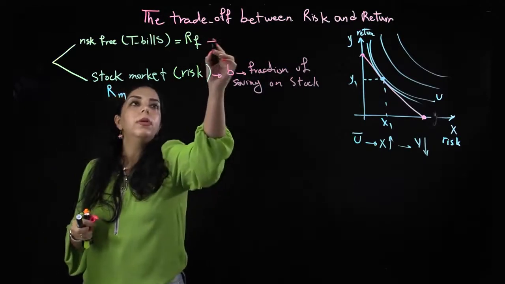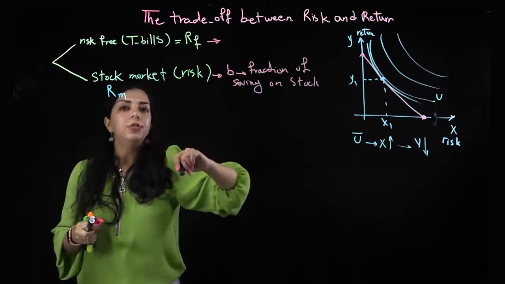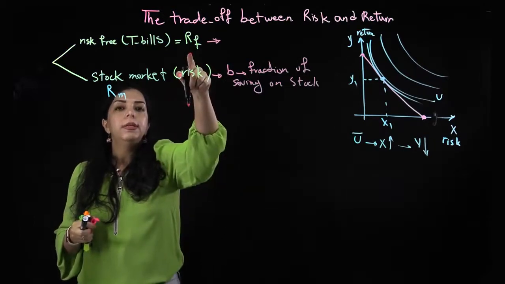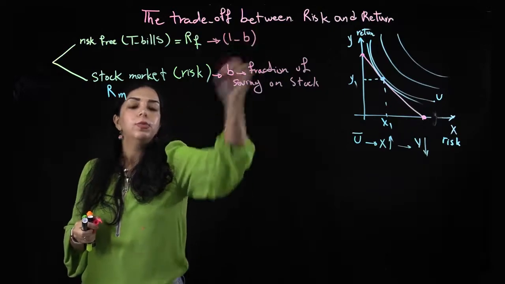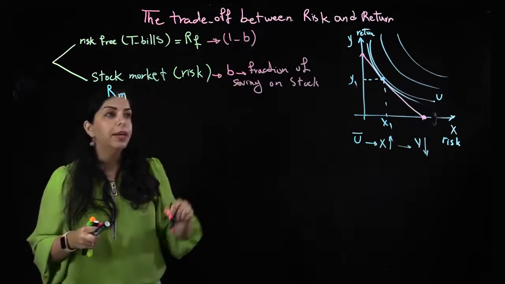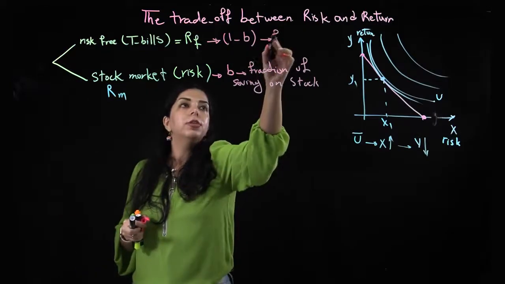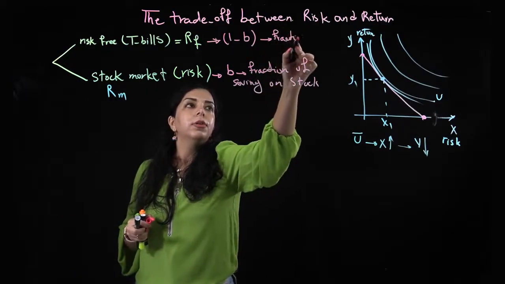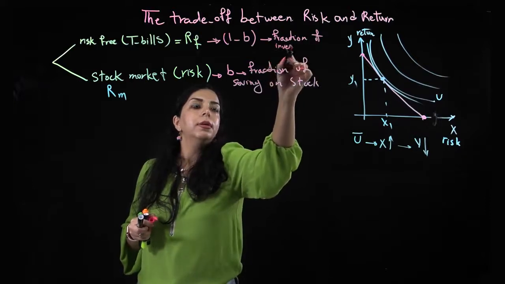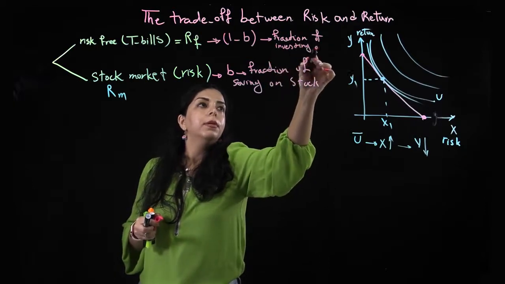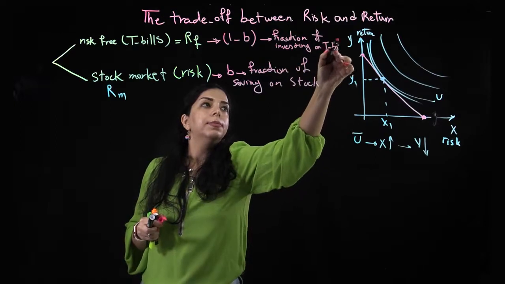So how much will be the fraction that he's spending on risk-free? Of course, once we are talking about fractions, 1 minus B is the fraction of investing on T-bills.